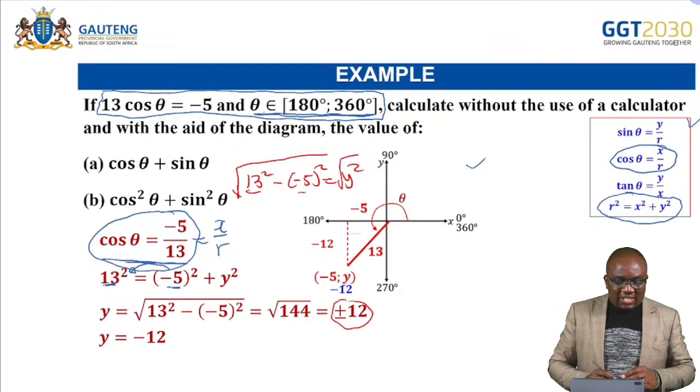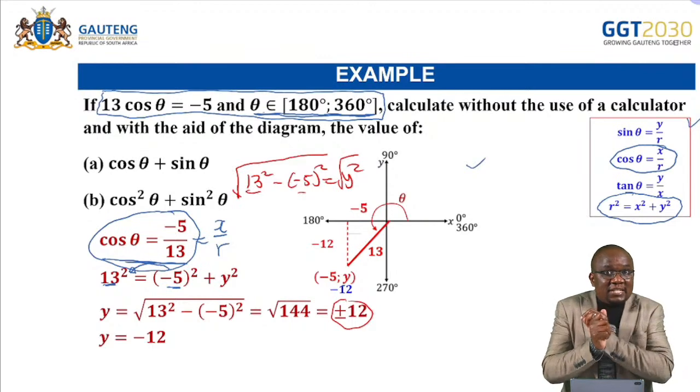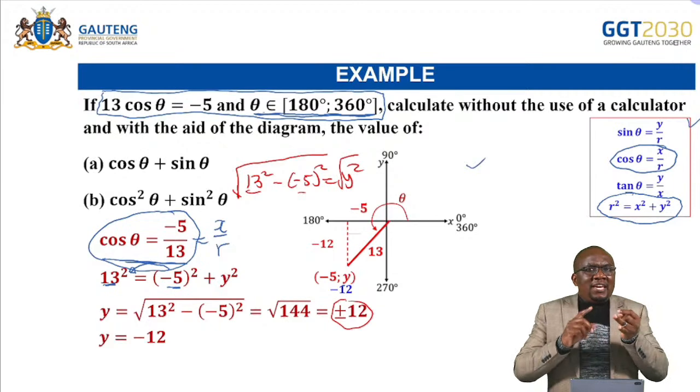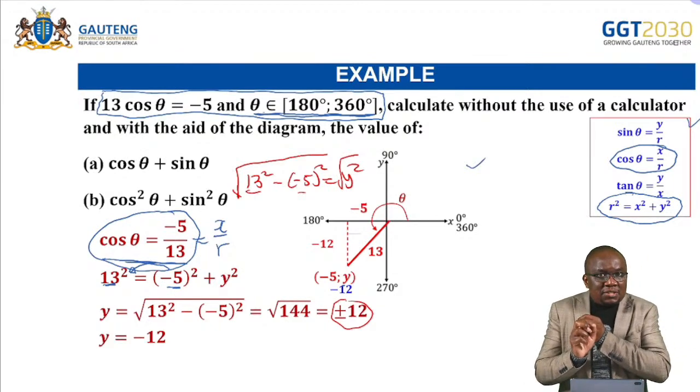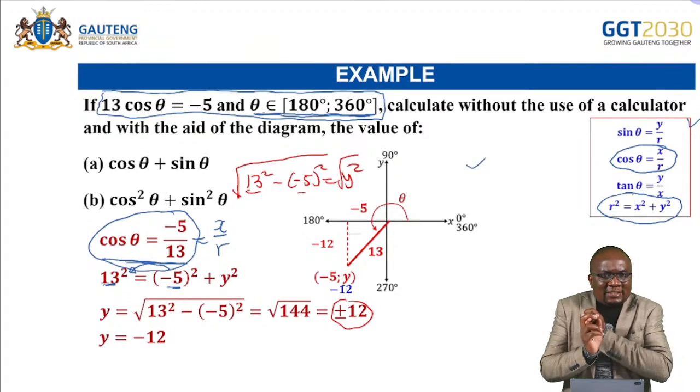Now, I want us to do this, grade 10s. We have our x. What is it? X is negative 5. We have our y. What is it? We just got it. It's negative 12. We have our r, which we're given. What is it? It's 13.